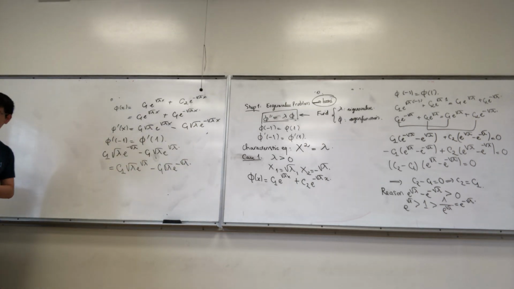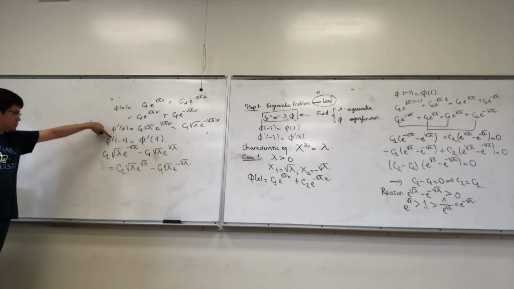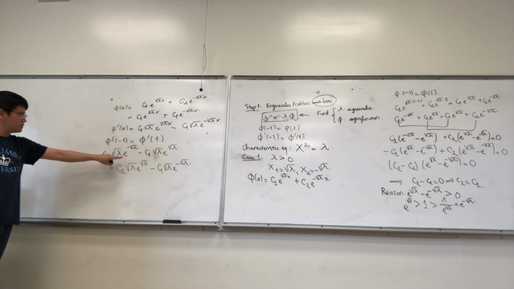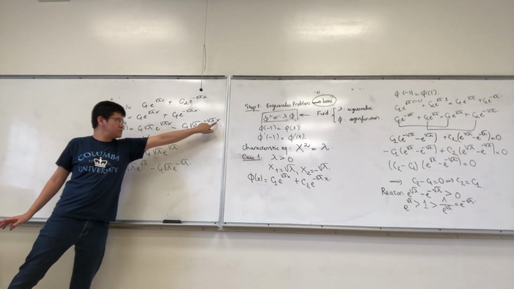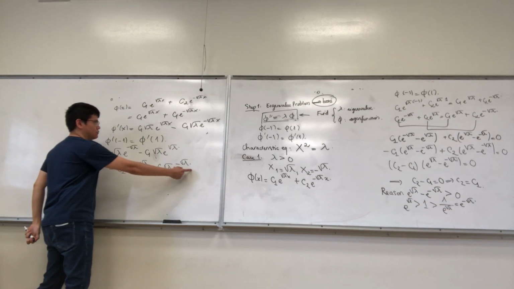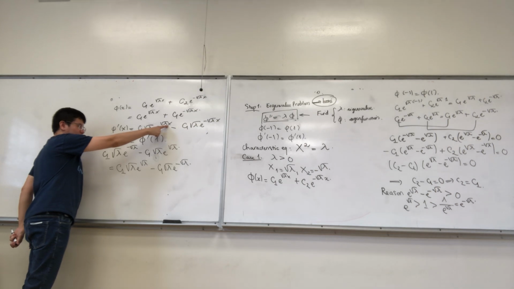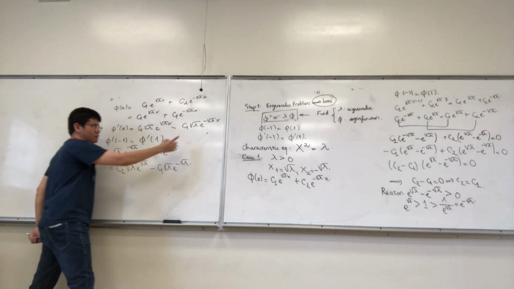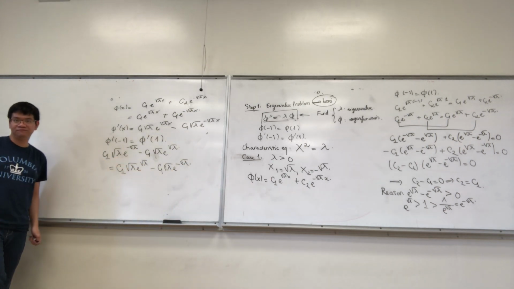Right? So this guy is the derivative phi at -1, so I replace -1 here. I have minus square root of lambda. I replace -1 here. I have square root of lambda. This guy, I replace 1 here, and when x is 1, I get square root of lambda. All right?